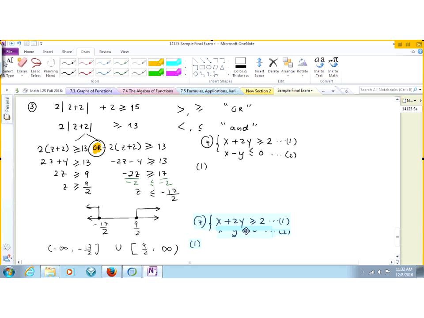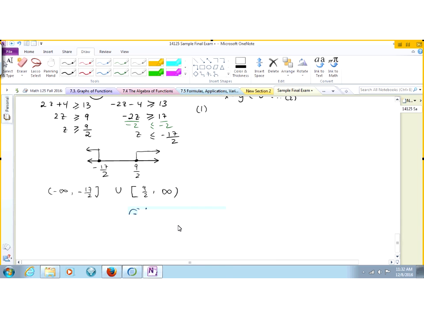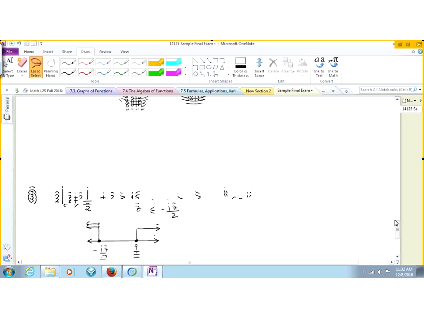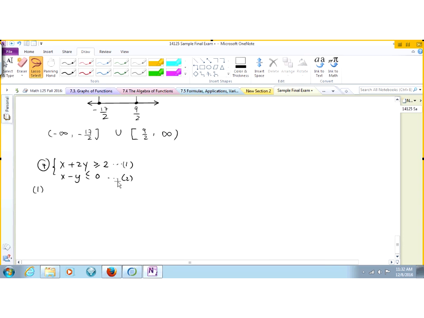Let me lasso it and then drag it here. Okay. So the first inequality is x plus 2y is greater than or equal to 2. Which line is it? How are we going to graph the line?